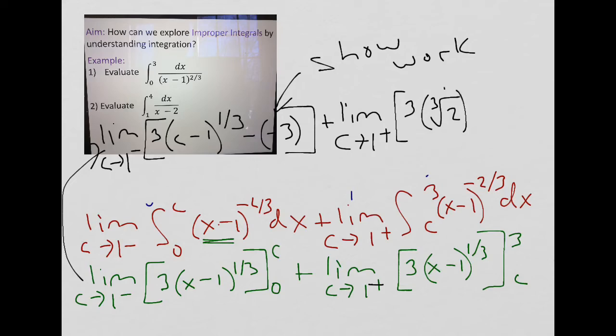Once again, when it's possible and you have space, because I'm running out of space, you do show the work. And this is going to be 3 times (c minus 1) to the 1/3 power. I'm sorry, 3(c minus 1). I don't know where I just got c by itself to the 1/3 power.